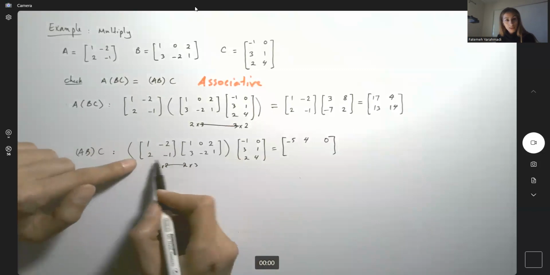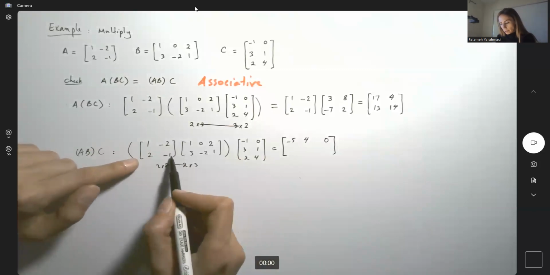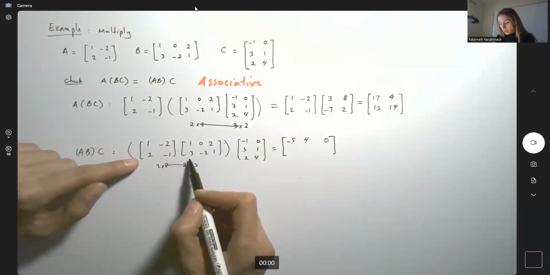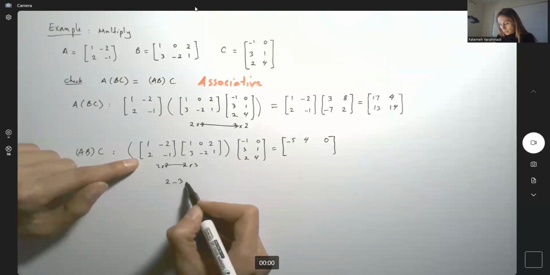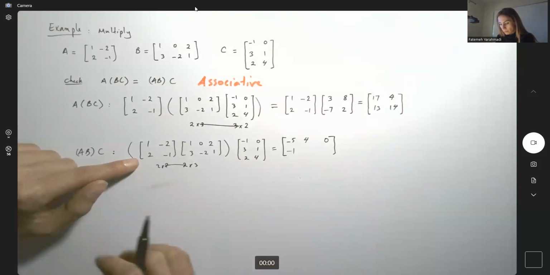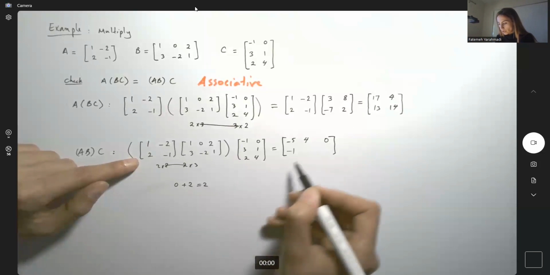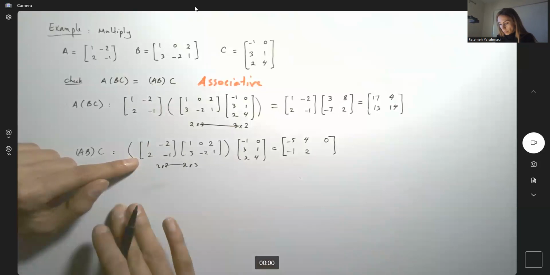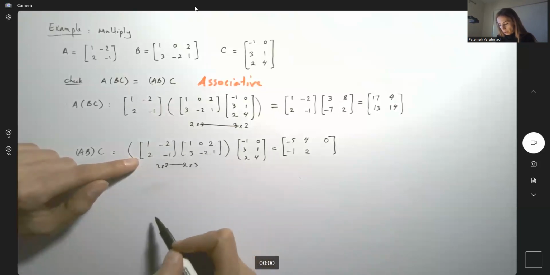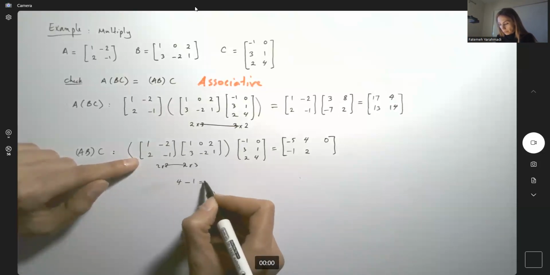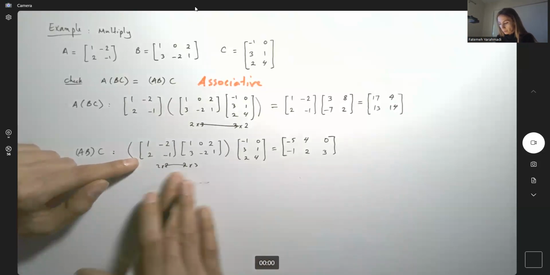Then we move on to the next row. Next row multiplied by the first column, you get 2 minus 3, negative 1. Then we have 2 times 0, 0, plus 2, which is 2. And this row multiplied by the last column, which is 4 minus 1, which is 3.